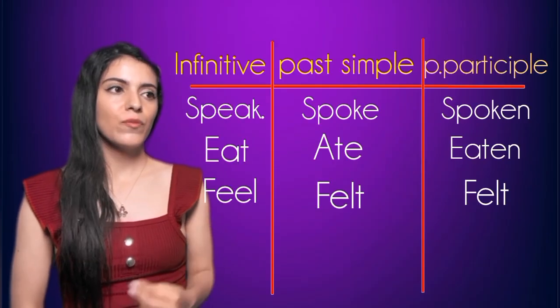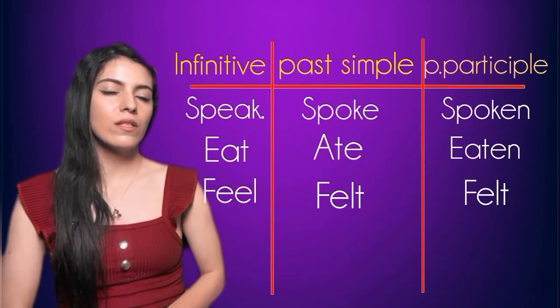Well, to give you a clear definition of how present perfect works, I have to tell you what the past participle of the verb is. The past participle of the verb is the third form of the verb. So, for example, the verb speak, to speak, is the infinitive.